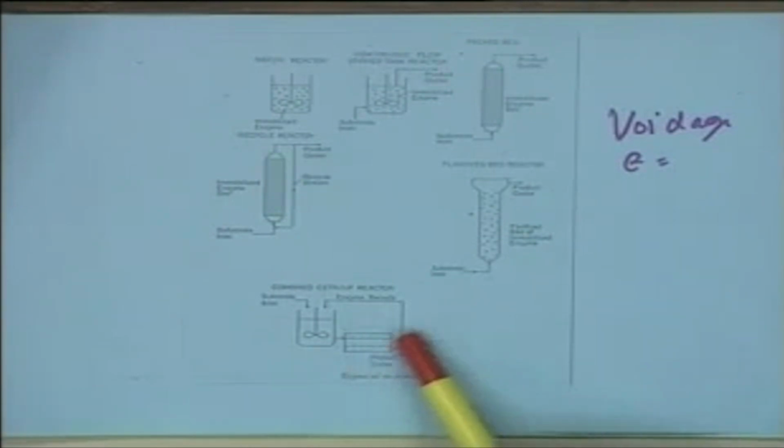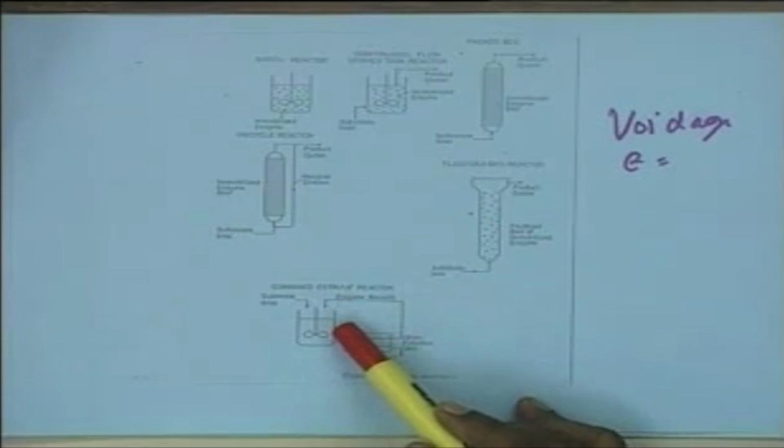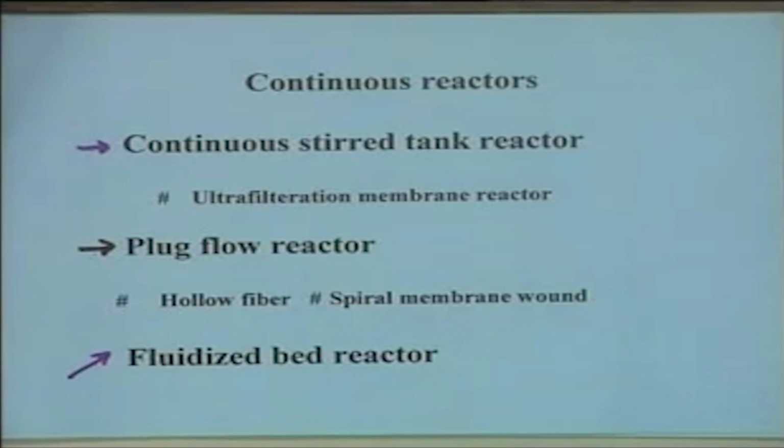In this case here again we do the same thing, a part of the output stream which is the filtrate from the ultrafiltration unit is taken out of the product stream, and the retentate of the ultrafiltration unit is recycled back into the reactor and it can be operated in a continuous reactor. So overall performance wise, in terms of the reactor performance, it can be almost considered almost similar to that of a CSTR. Now there are two major modifications which have been proposed in the case of plug flow reactors.